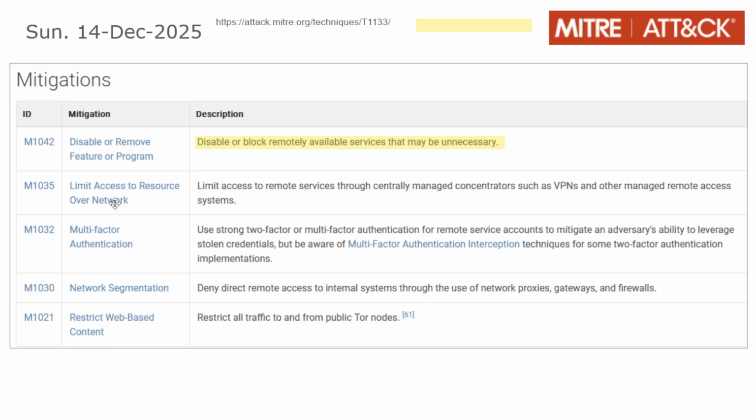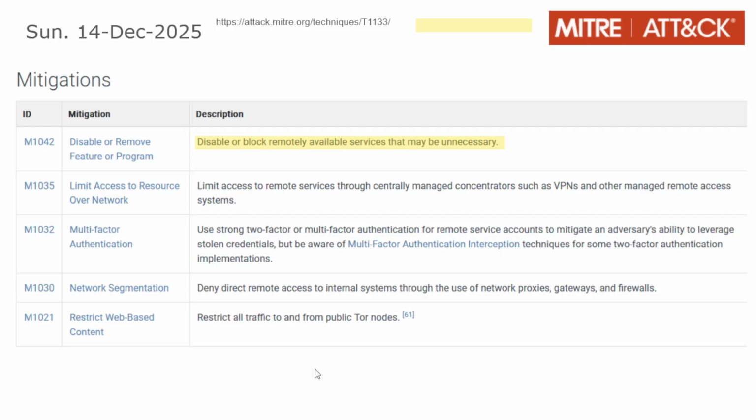Then limit access to resources over network. So limit access to remote services through centrally managed concentrators such as VPNs and other managed remote access systems. Yeah, so you might have resources on your network that can never be accessed except if you are physically there. So limit the access to that. Yeah, multi-factor authentication. This is what I mentioned before. So no surprise that MITRE also thought about that.